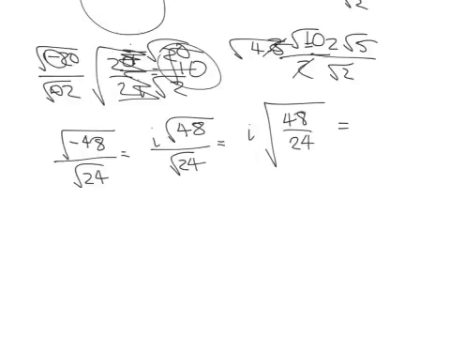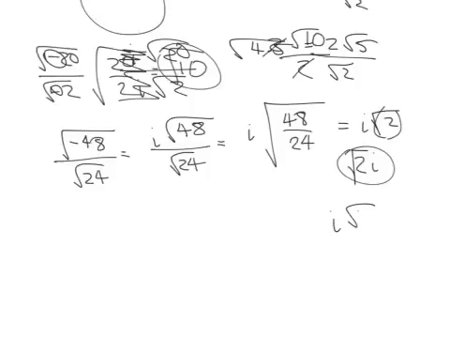I can do that and get i times 2. So I end up with 2i for my answer there. But I forgot, I took the radical sign off and I shouldn't have done that. So you get the square root of 2 times i, or i square root of 2, whichever way you want to write it.